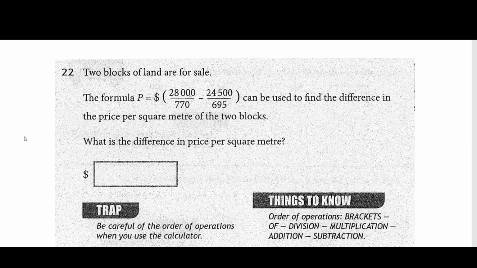So what we would type in our calculator is this: bracket, 28,000 divided by 770, close bracket, take away, bracket, 24,500 divided by 695, close bracket.